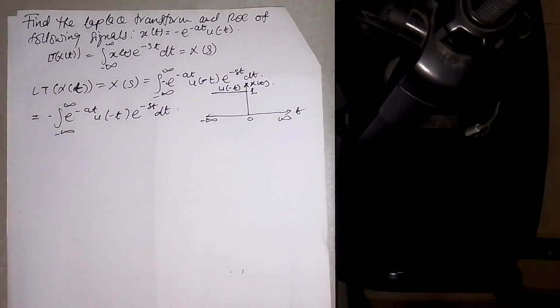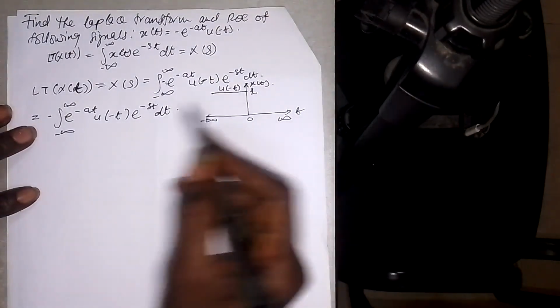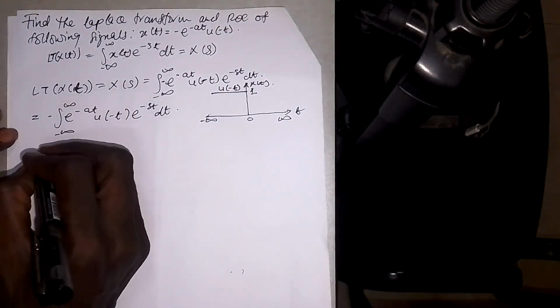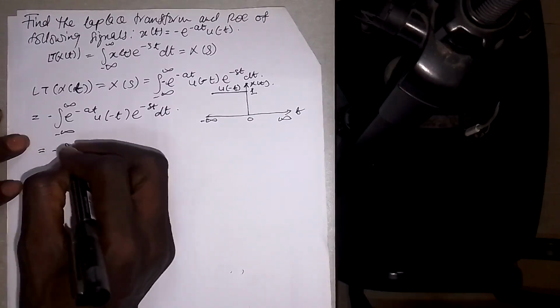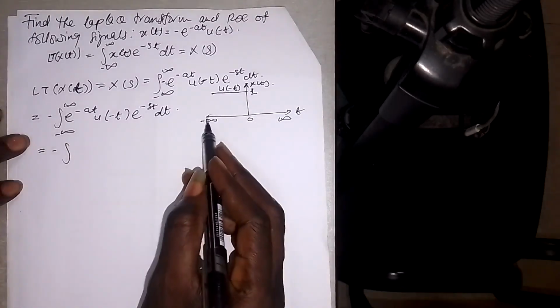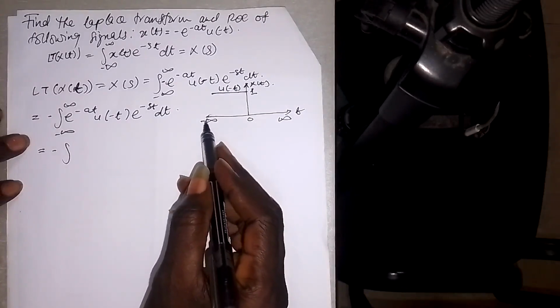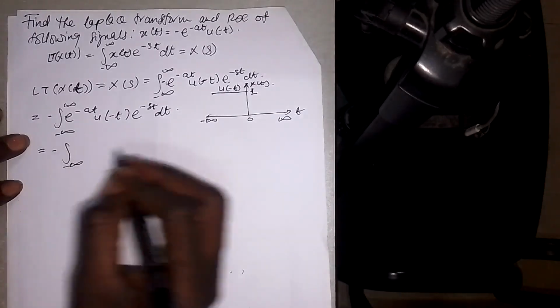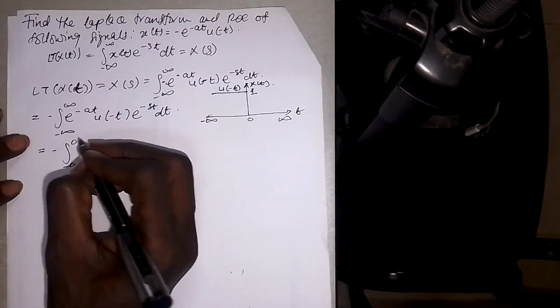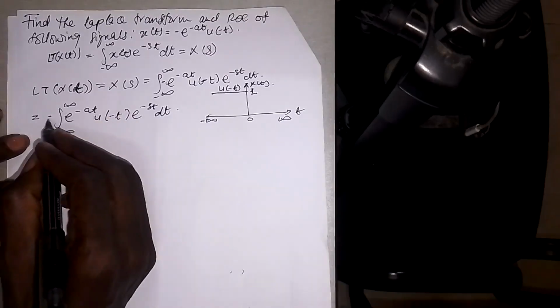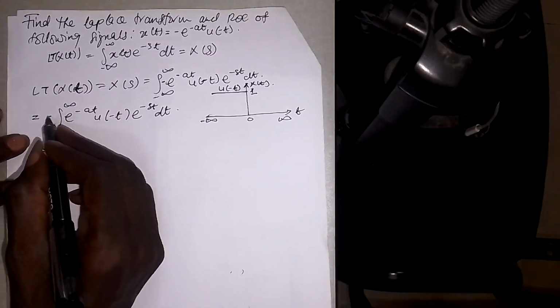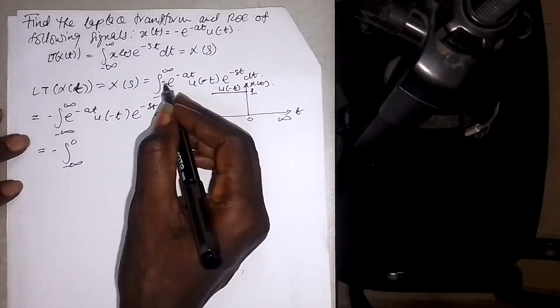Now to put this into the equation, my equation is going to become minus the integral from minus infinity to 0, because the signal starts from minus infinity and ends at 0. This minus, I got from here.